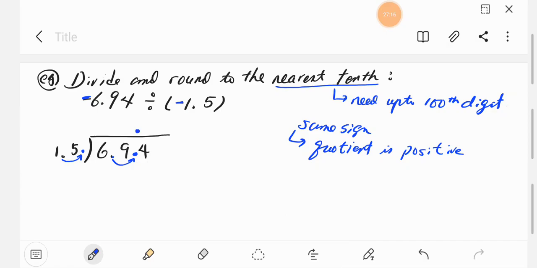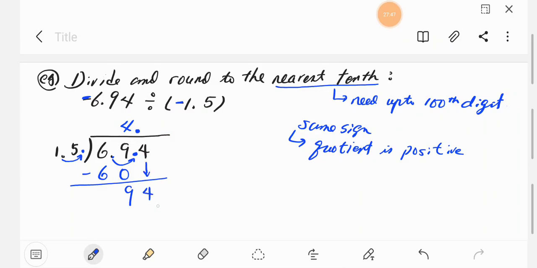All right, and then 69. So how many 15s can fit into 69? Maybe 4, right? Then 4 times 5 is 20. And then 1 times 4 is 4, so 4 plus 2 is 6, so 60, right? And then subtract. So you have 9. And then bring the 4 down.